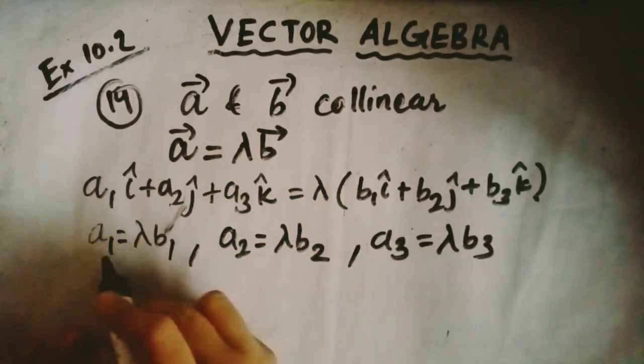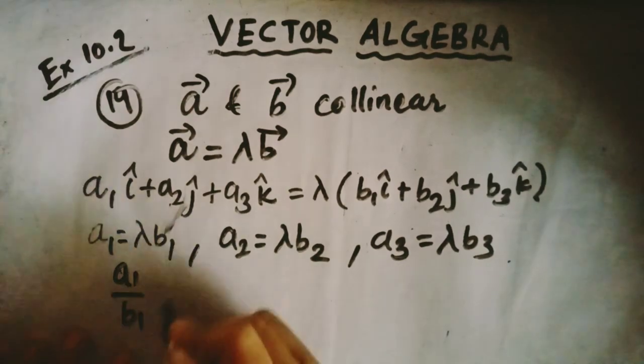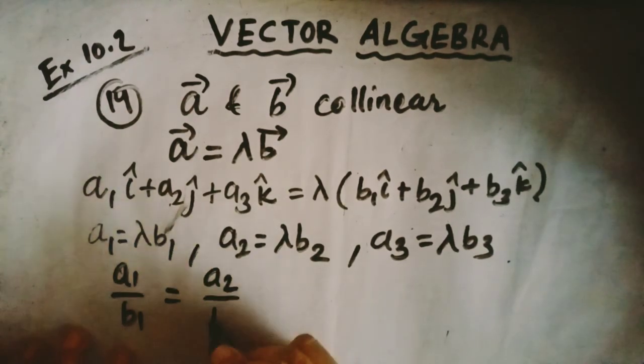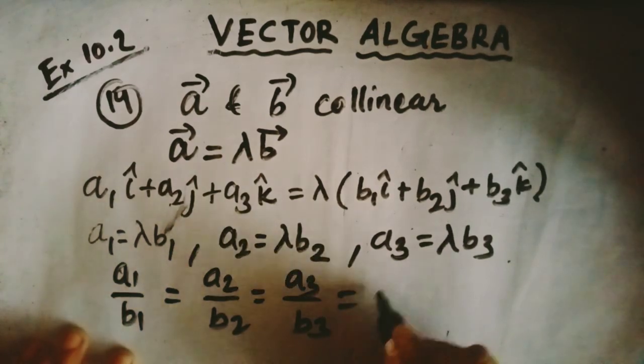So a1 upon b1 is lambda, a2 upon b2 is lambda, and a3 upon b3 is lambda.